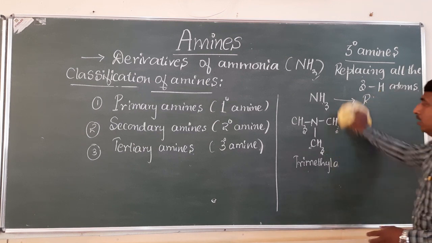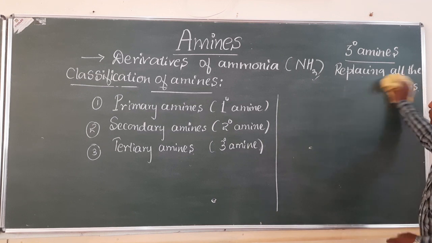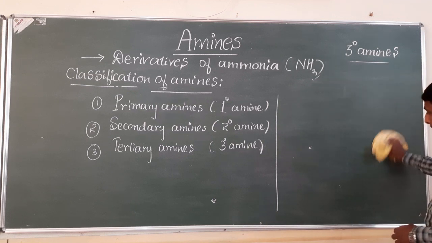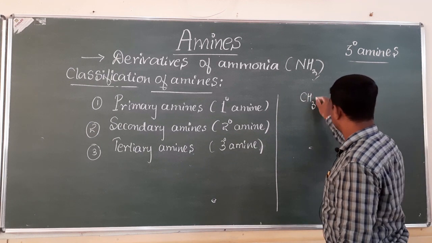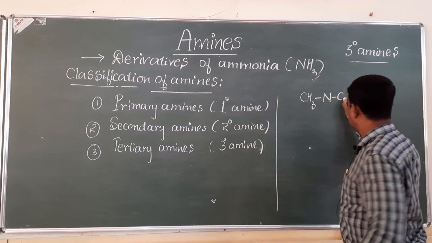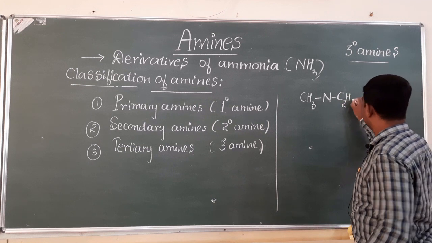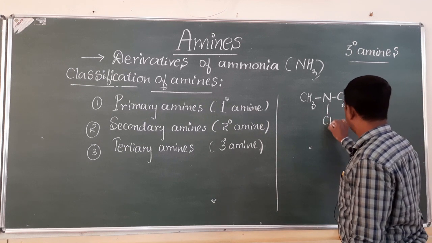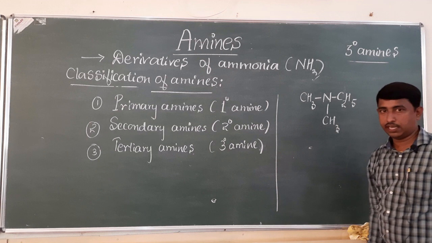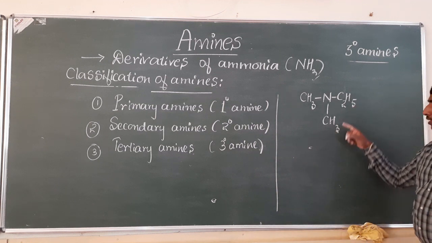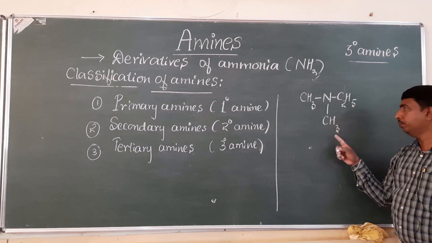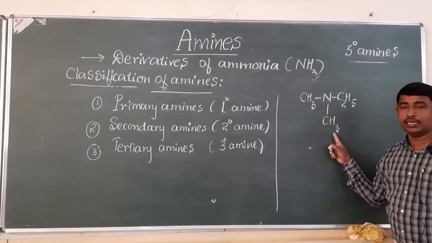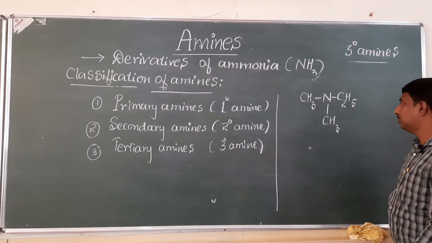One more example we can add for tertiary amine. CH3, N, C2H5, CH3. See, C2H5 means ethyl group, CH3 is methyl group, and CH3 is a methyl group.